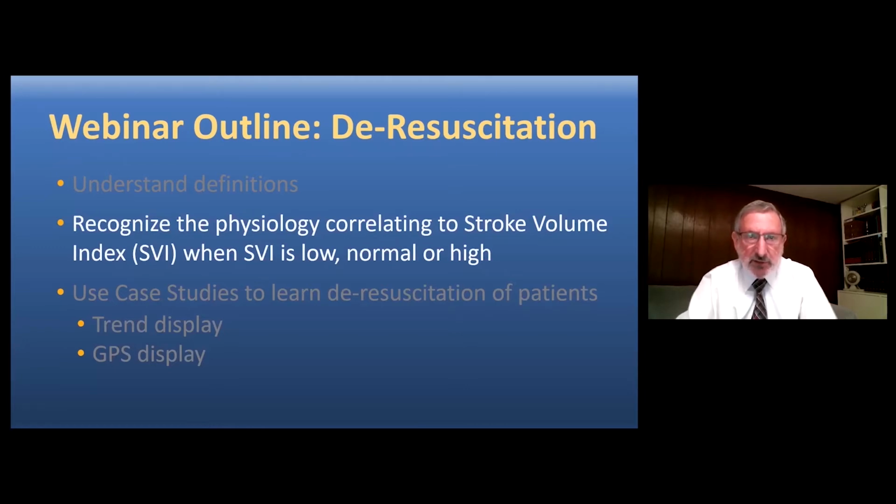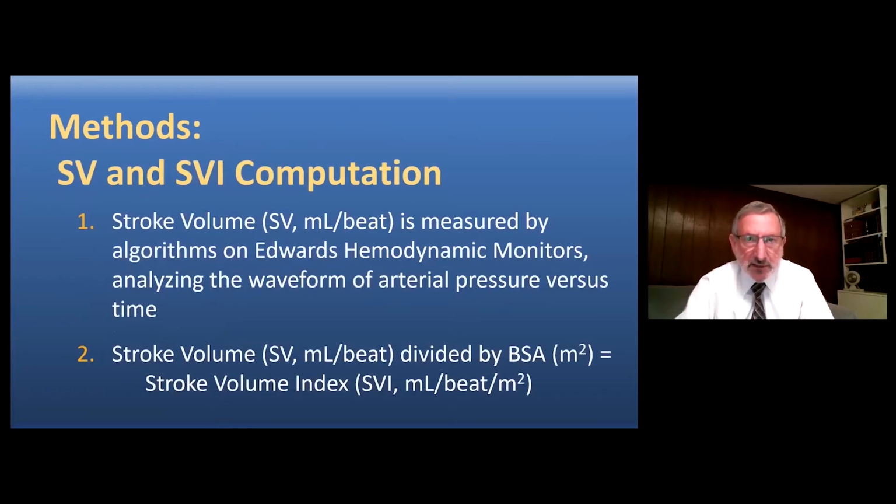The technology that we're talking about, the platforms that are at the bedside, you've heard the EV1000 or the Hemisphere. These devices take the arterial waveform and compute it into a stroke volume. After the stroke volume has been computed, of course, it can be indexed.